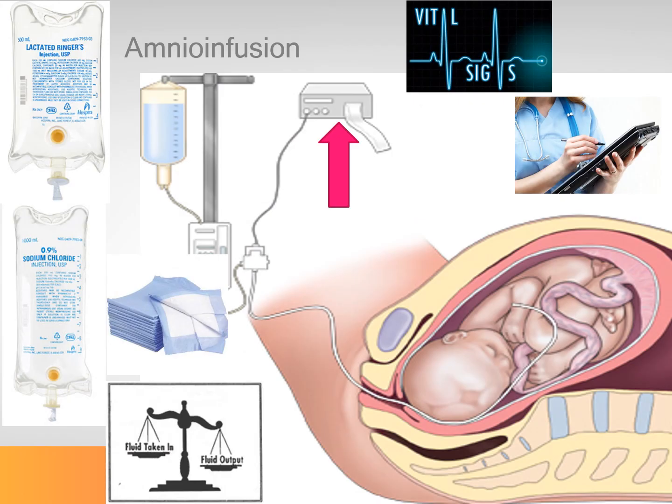So here's your amnio infusion. So remember that the purpose is to increase the volume of fluid in the situations of oligohydramnios or anhydramnios, which would be no amniotic fluid at all. And we're relieving the intermittent umbilical cord compression that's causing our baby to have transient hypoxemia.